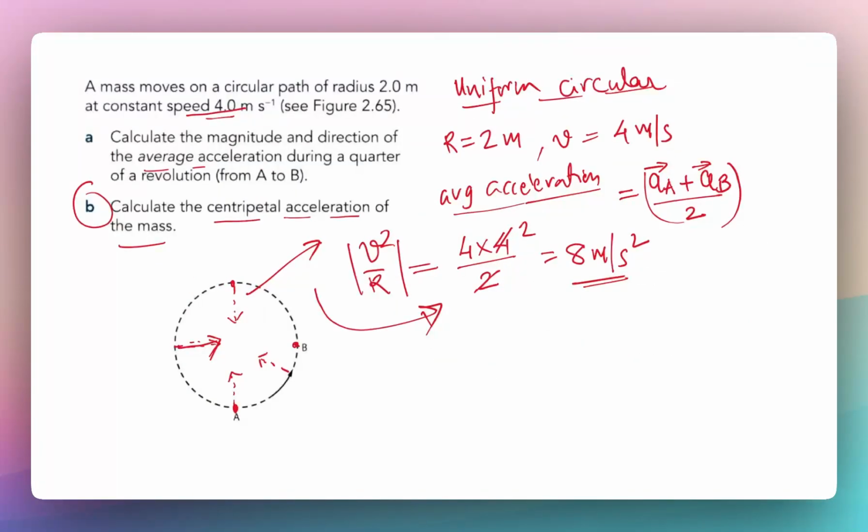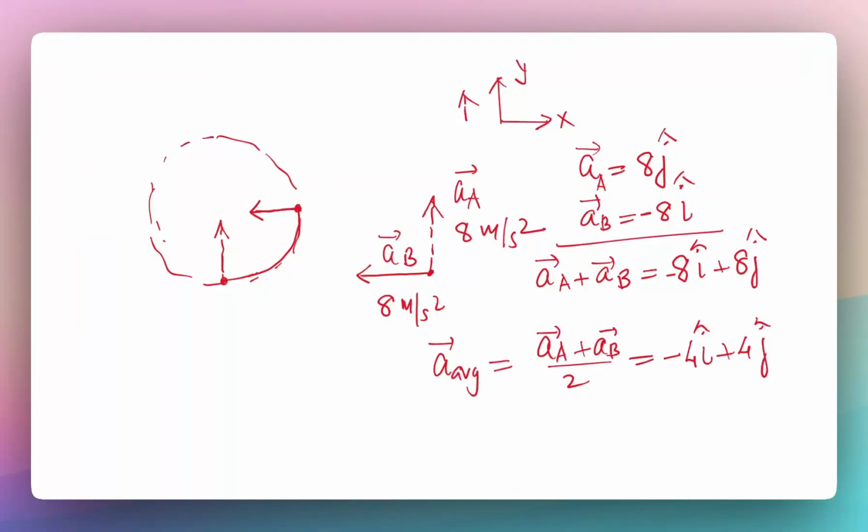But the question says we have to find the magnitude and direction. Okay. So let's find the magnitude first. To find the magnitude of a vector, which is something like x component i plus y component j, how do we find it? It is simply the square root of the x component square plus the y component square.